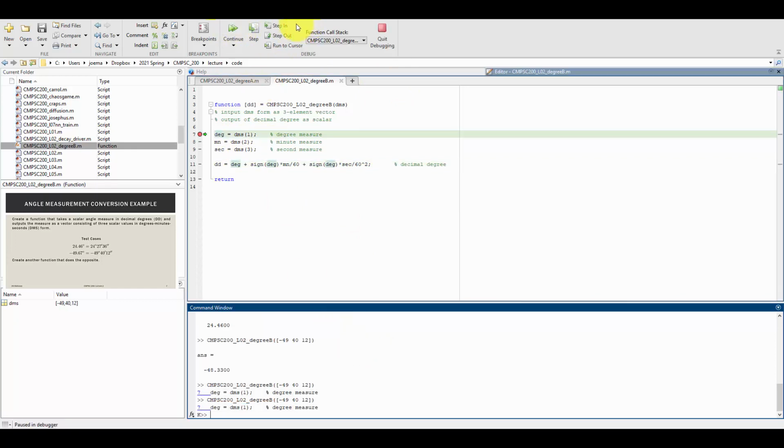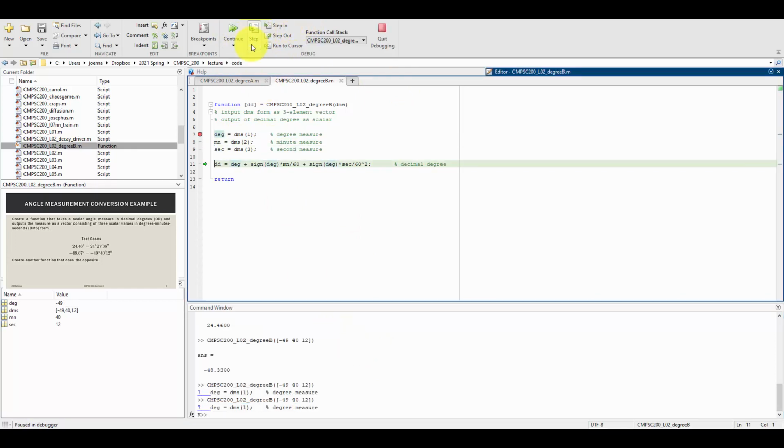And if I step and step and step, okay, so again, degree is negative 49, mn and sec are positive as they should be, but now this function, the sign of DEG, is going to return a negative if degrees are negative, and a positive if it's positive. So if I just run that, it's negative 1.